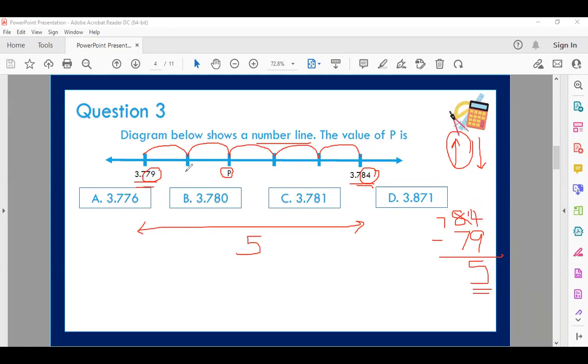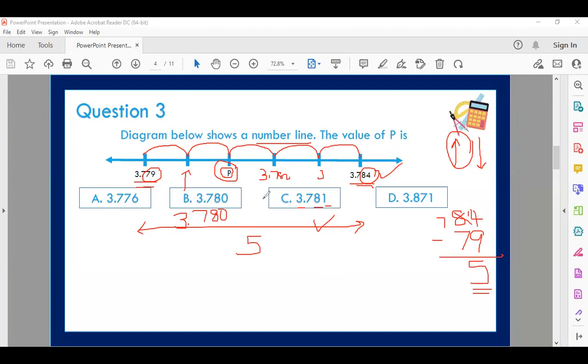That means the value for here would be 3.780, because 79 plus 0.01, just one number going up, is 780. So P will definitely be 3.781. This will be 3.782, 3.783, and finally 3.784. That's counter checking.